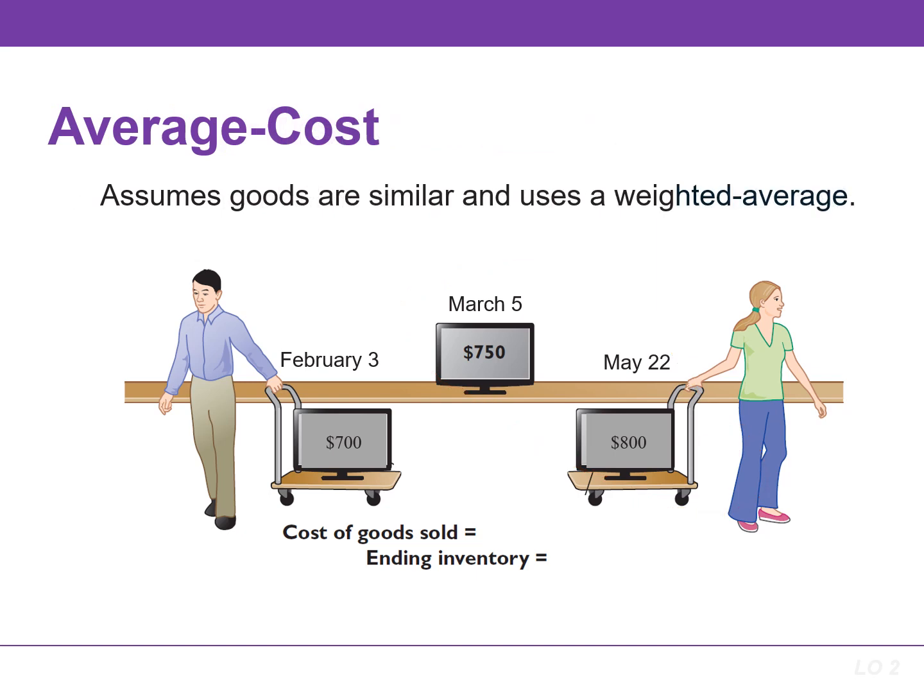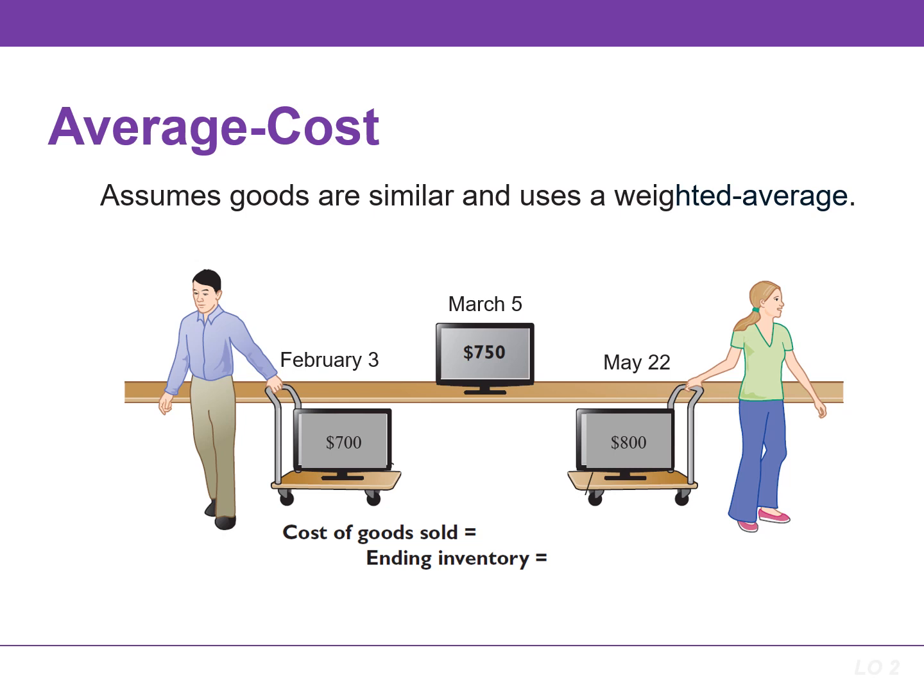The average cost method assumes that goods are similar in nature and uses a weighted average unit cost. The formula to calculate the weighted average unit cost is the cost of goods available for sale divided by the total units available for sale.